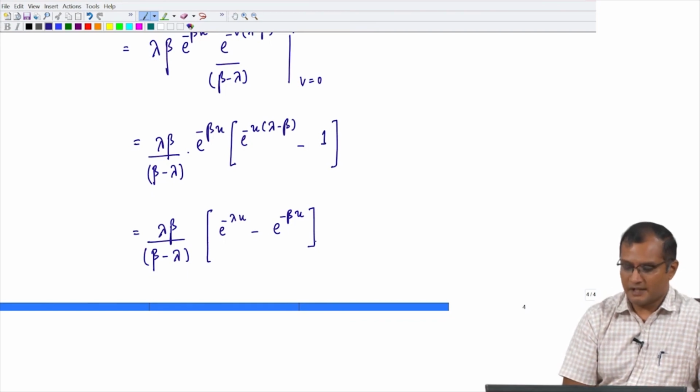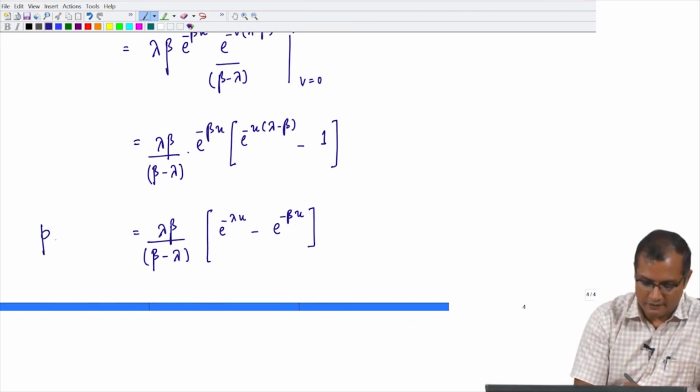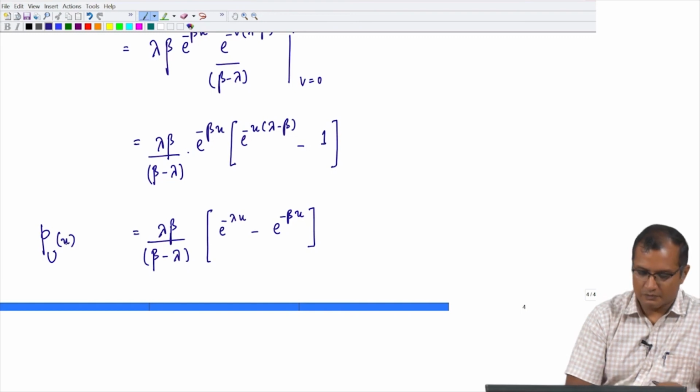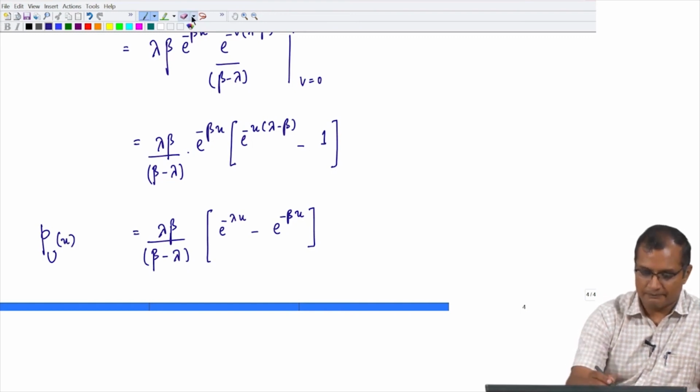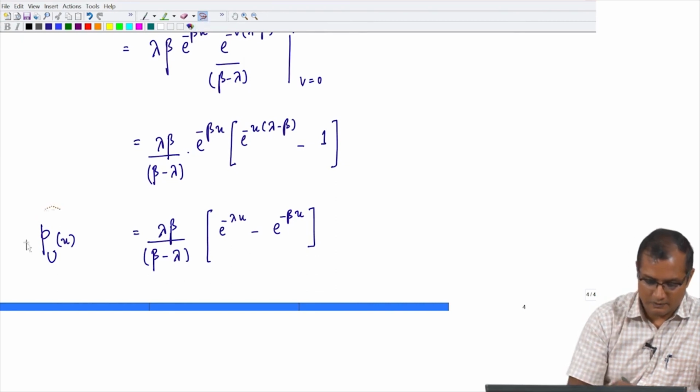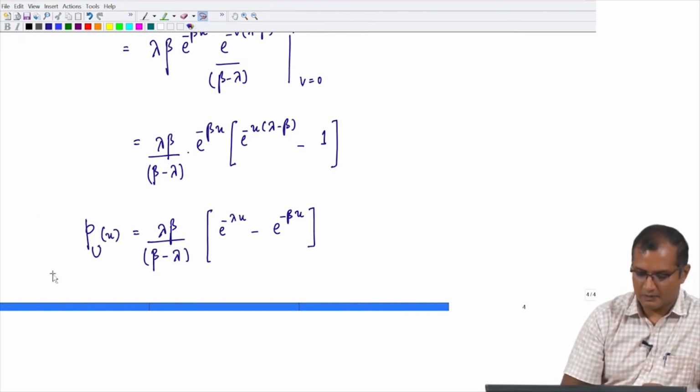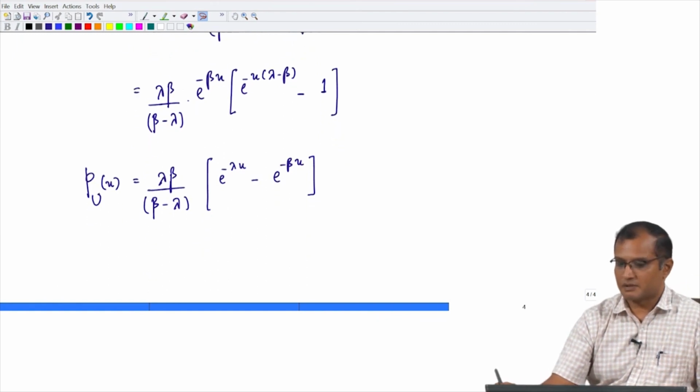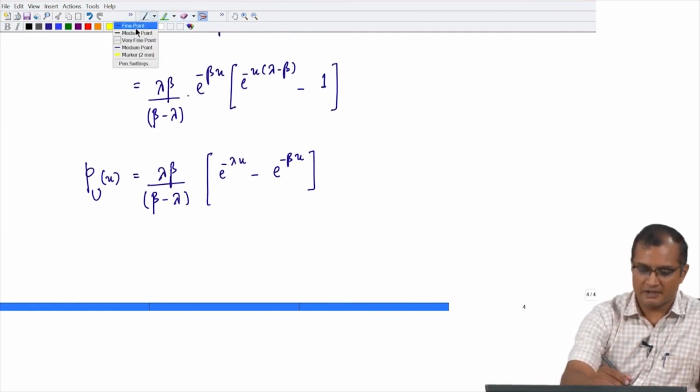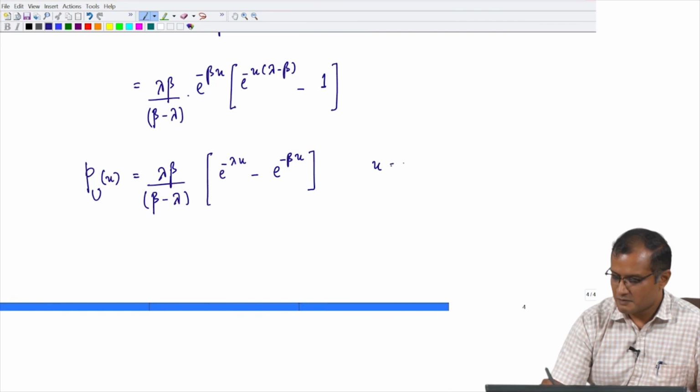So, this is the PDF of u. So, this is the PDF of the sum. So, this is how the sum is distributed. I will say this is the PDF which tells how x plus y is distributed.